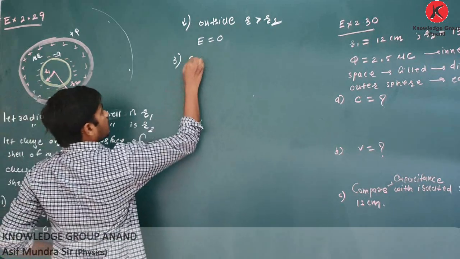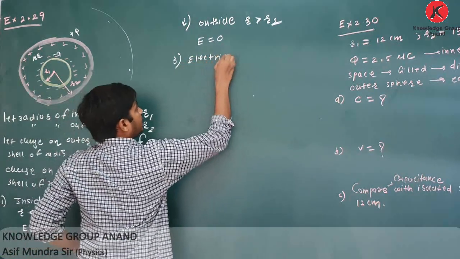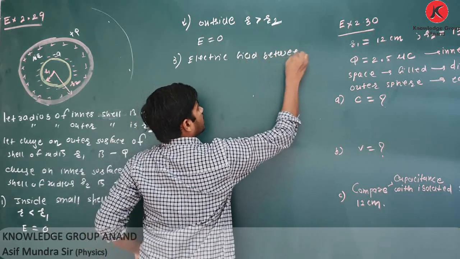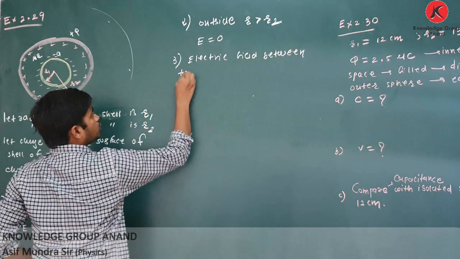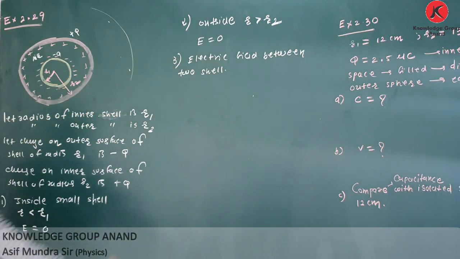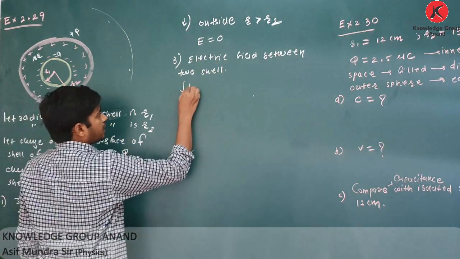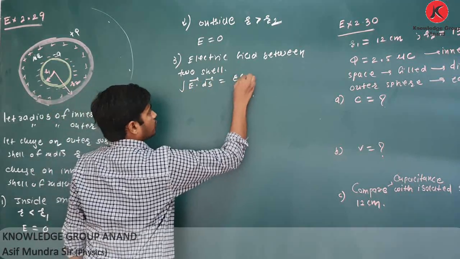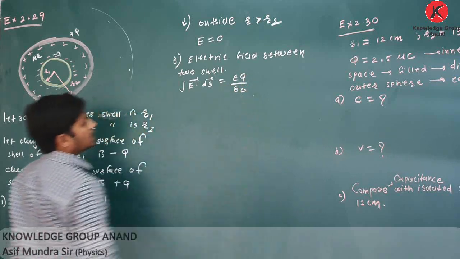Electric field between two shells. What is electric field between two shells? See, we will use this equation: integration E dot ds is equal to sigma q upon epsilon 0.